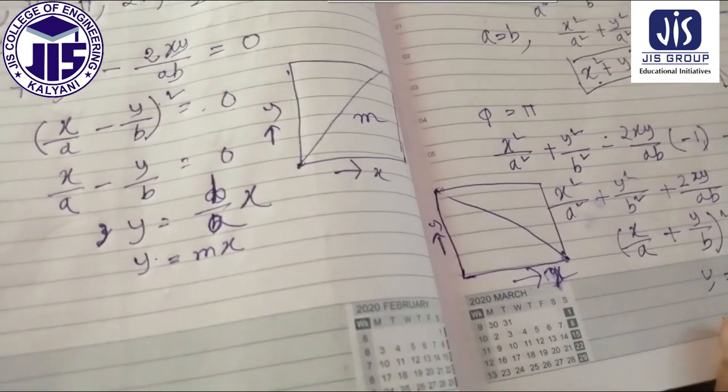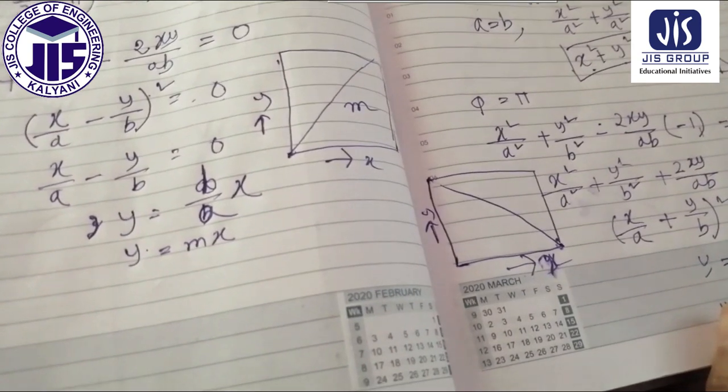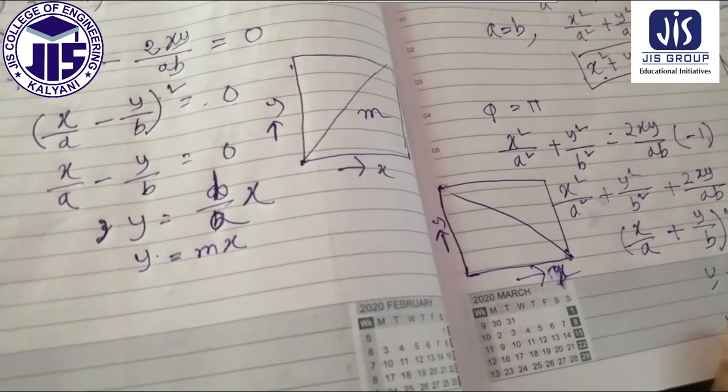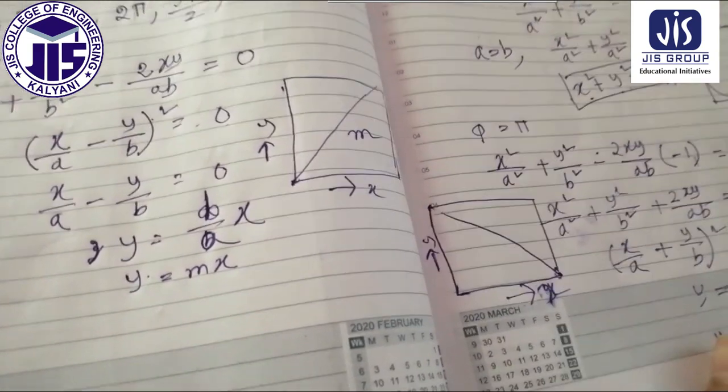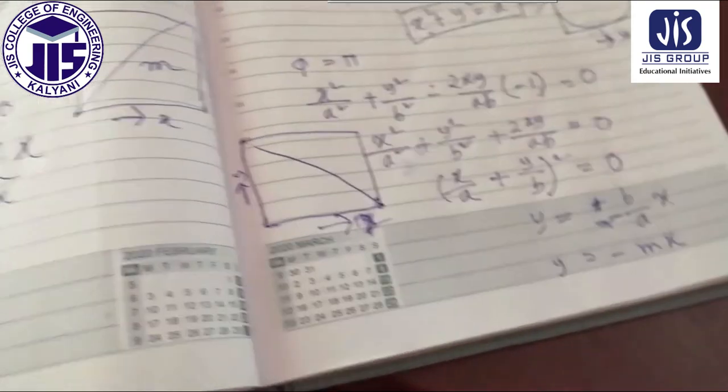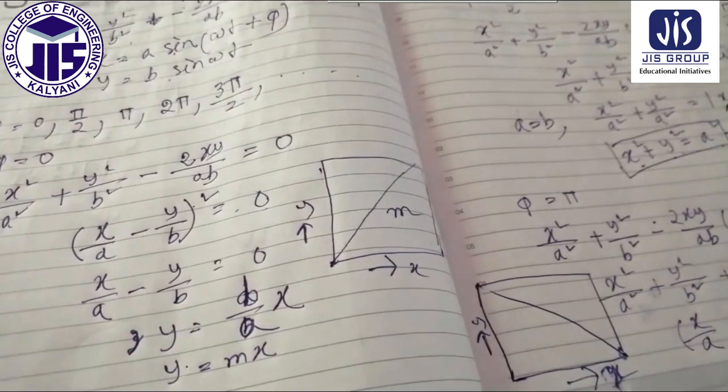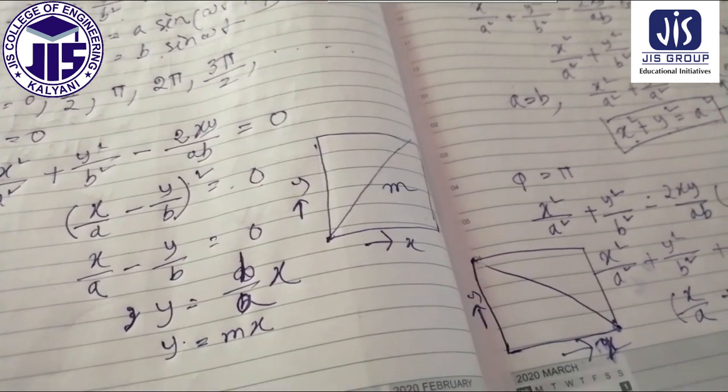So this is about phi equal to pi by 2 and phi equal to pi. Next we will check for 3 pi by 2 and 2 pi also.